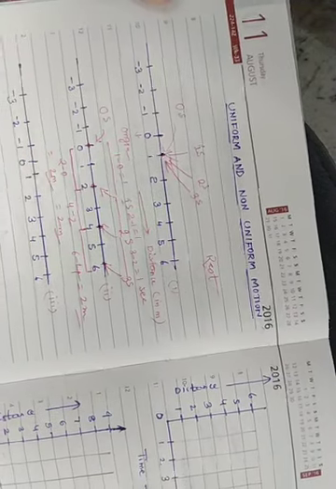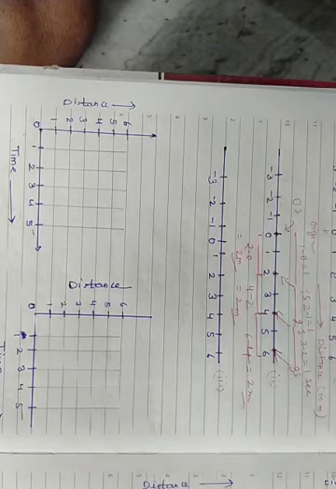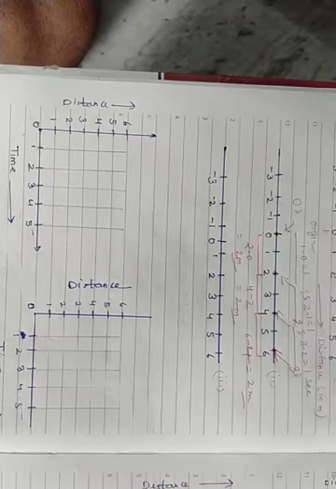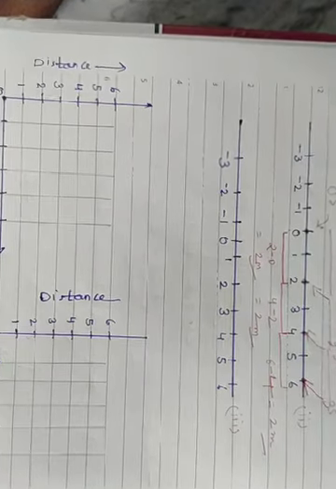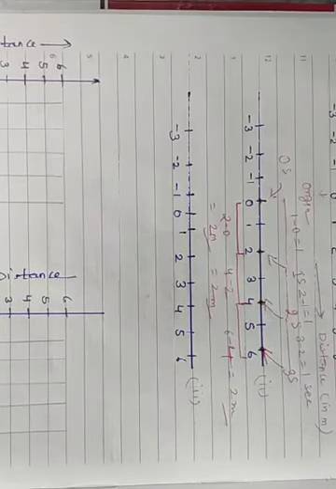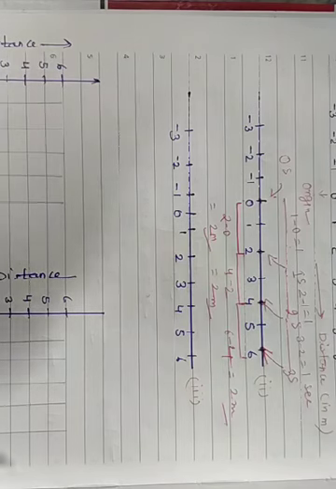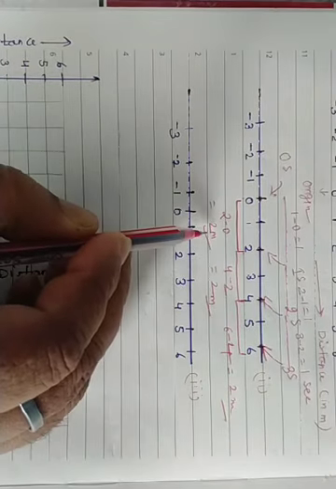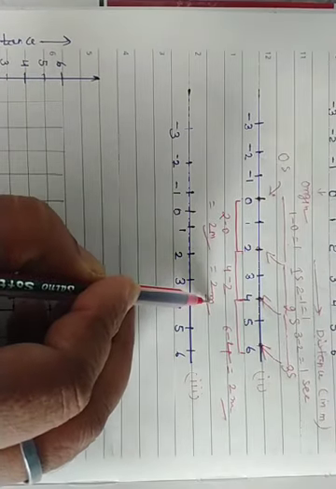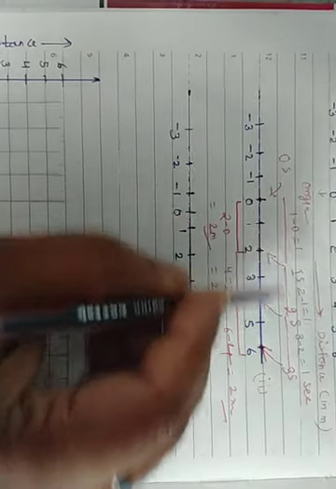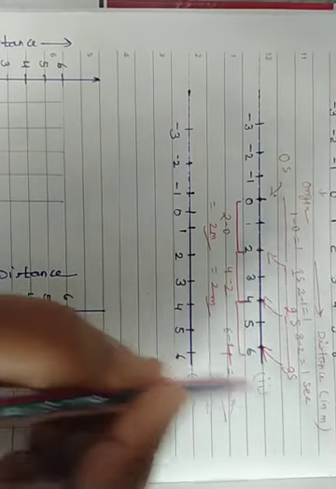So here an equal distance of 2 meter is covered in an equal interval of time: 1 minus 0, 1 second, 2 minus 1, 1 second, 3 minus 2, 1 second.